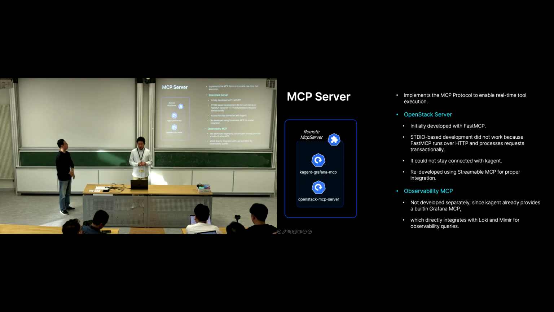Since HTTP is stateless, it could not maintain a persistent connection with K-agent, which required continuous streaming interaction. To resolve this, we developed it using streamable MCP, allowing proper bidirectional communication and real-time coordination with K-agent.